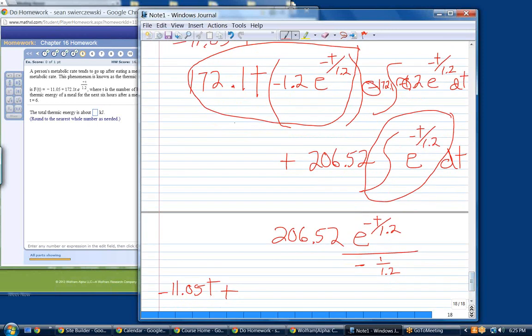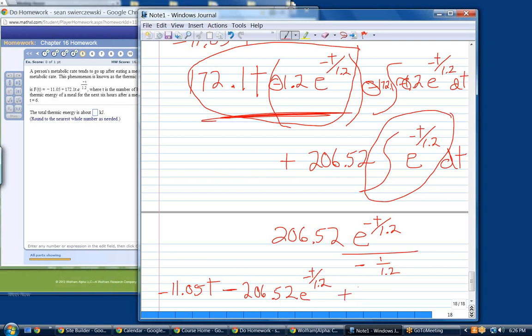So the first part is this part here. And so we do know what that is. That is 206.52, and it is negative. It's negative because of this negative sign right there. Times e to the minus t over 1.2.